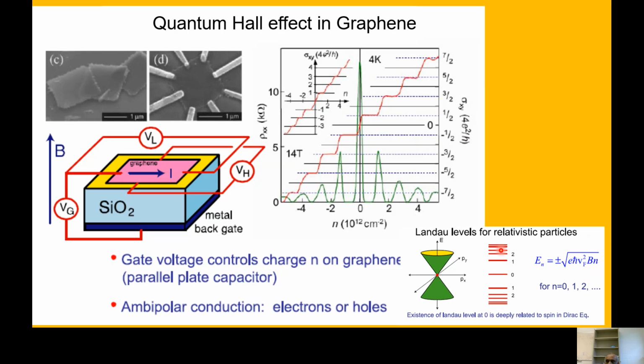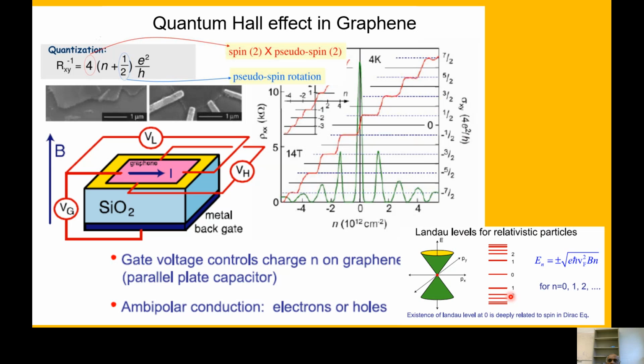But for graphene, since they are relativistic particles, the Landau levels go like square root of B. That means these levels are not equally spaced. Since they go as square root of B, when you go high, they get closer and closer. So they are no longer equally spaced Landau levels. This is one reason.